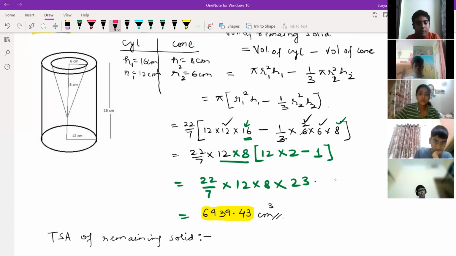Okay. See, first of all, what I'm just trying to paint, try to understand here.